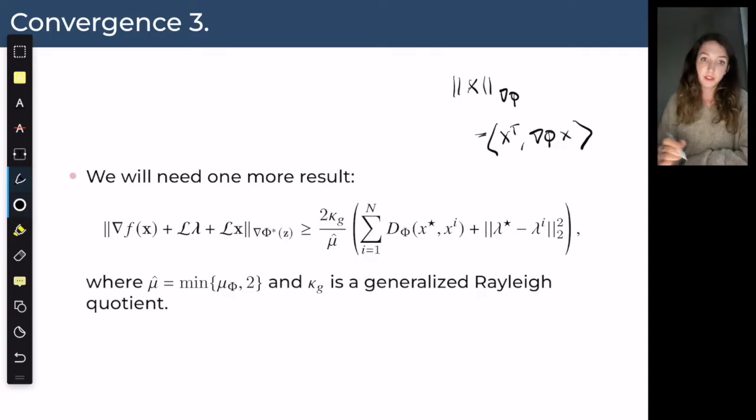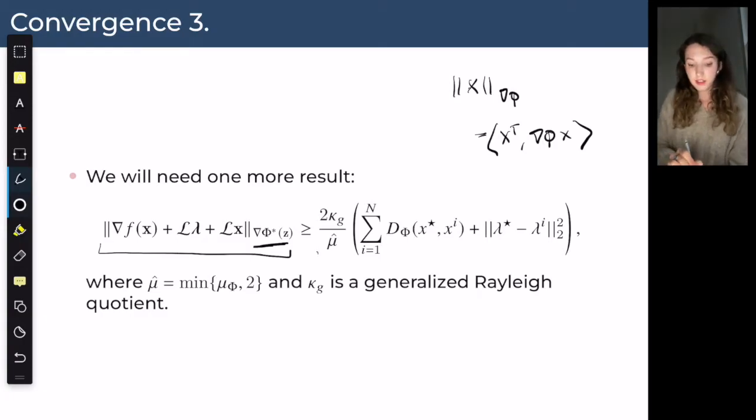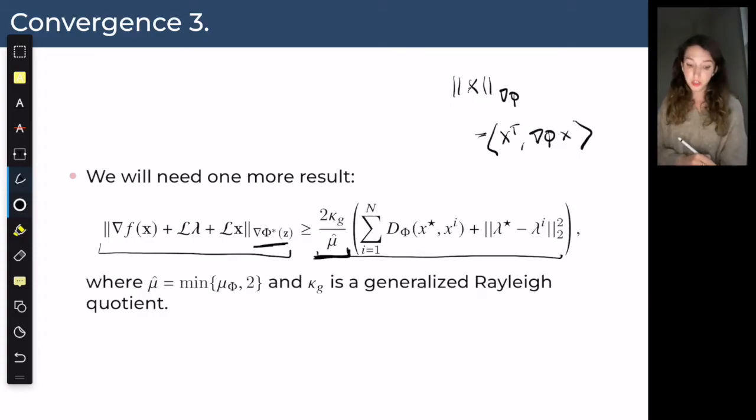But I just present it here as a result, and this result basically says that this term over here, so this norm with this gradient of the convex conjugate of gradient of f plus interaction in L plus interaction in x, is larger than this thing. So this, again, this constant 2 kappa g, where kappa g is some generalized Rayleigh quotient.